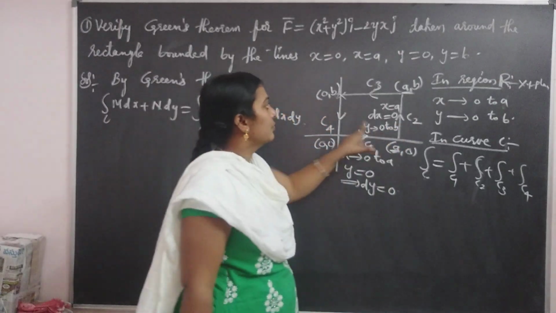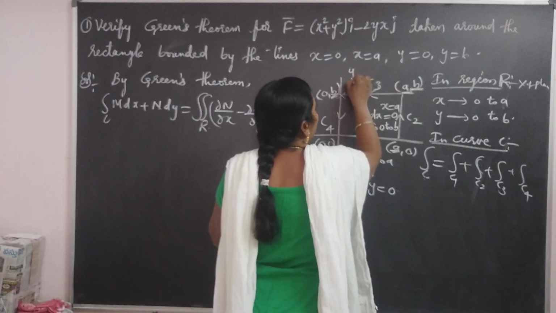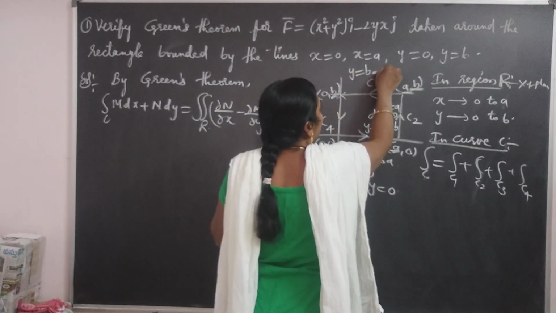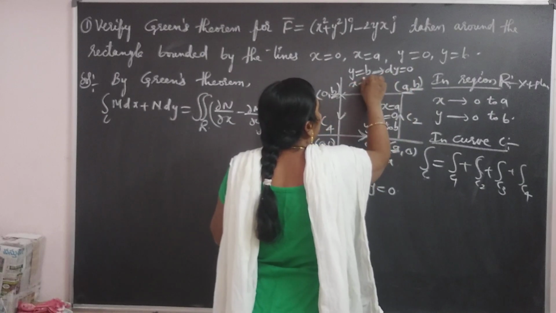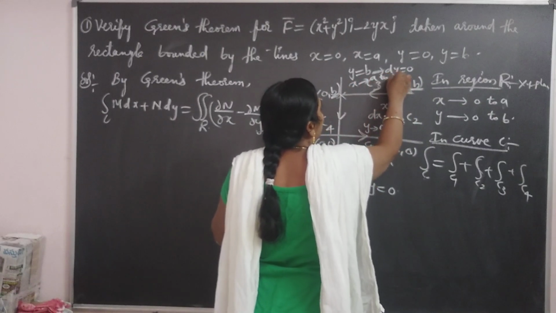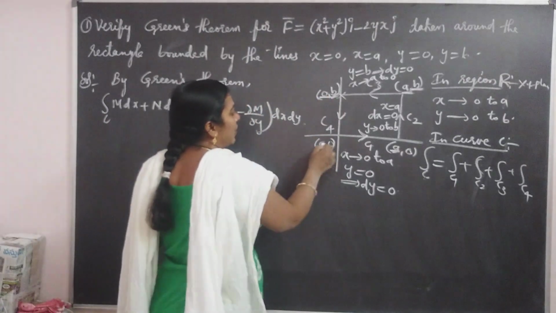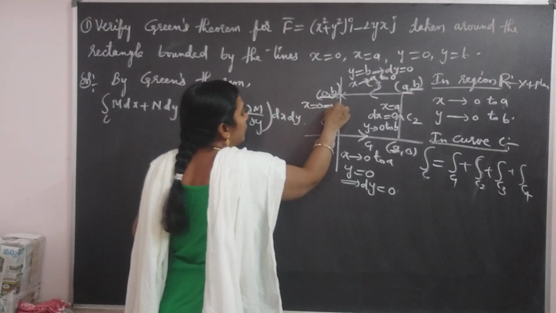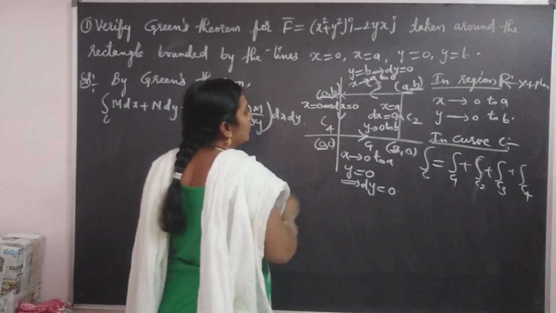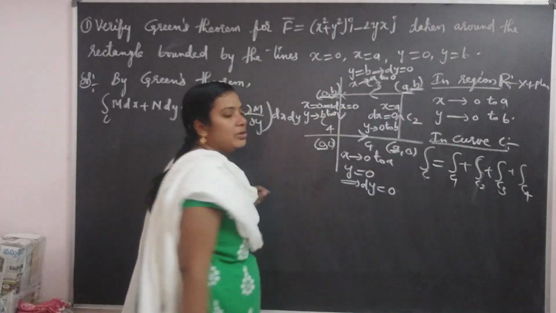In C3, b is a constant, so y equal to b, then dy is equal to 0, and x limits from a to 0. In C4, x equal to 0, so dx equal to 0, and y limits from b to 0.